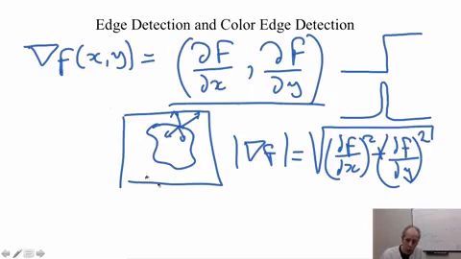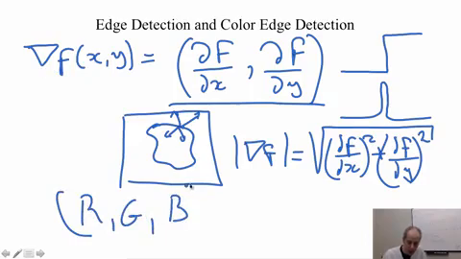Now, this whole concept also exists for vector images. So if instead of having just one image, I have an RGB image, a color image, now at every point I have 3 values. And I can ask the same question: in which direction do I have the maximal change of these 3 values at the same time?